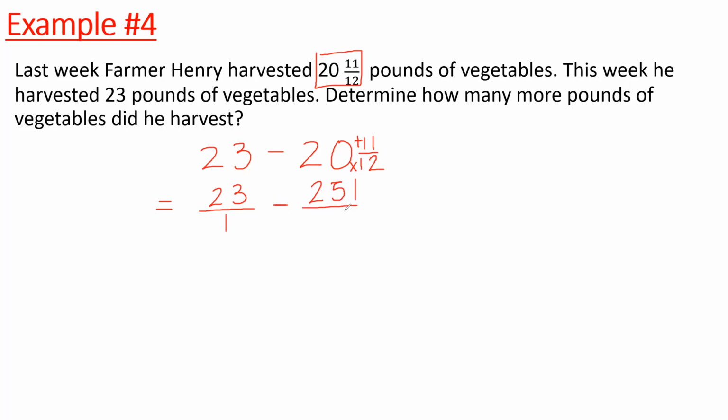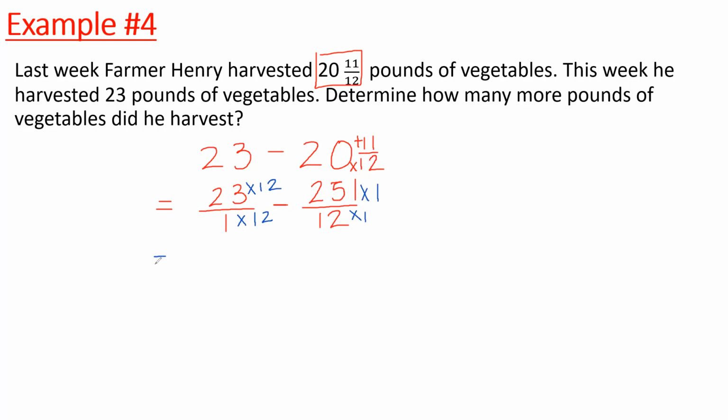The lowest common multiple between 12 and 1 is what? It's 12. So we multiply the 1 times 12 and the 23 times 12, and then for the 251 we multiply the 12 by 1 and 251 by 1.